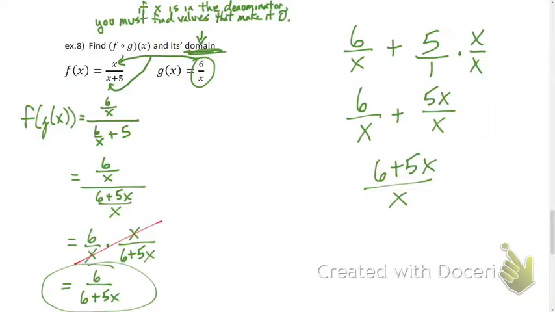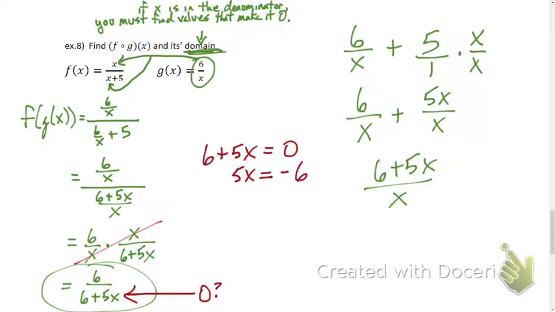So when I'm finding the denominator, I'm worried about what would make, let's change colors, what would make this denominator equal to 0? So let's set it equal to 0. Solve for x.